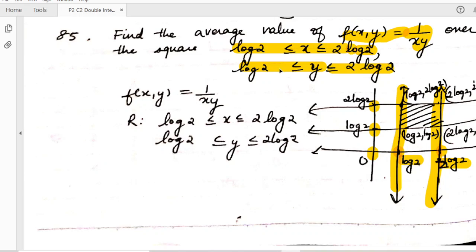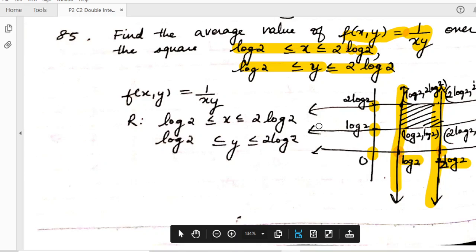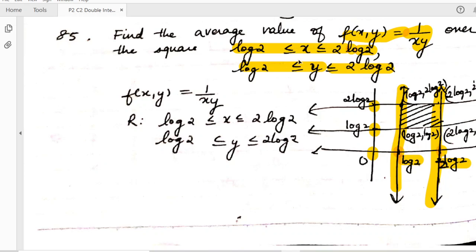Now let us see the region of y. So log 2 less than or equal to y less than or equal to 2 log 2. So here also let us see what is our region of boundary. Our boundary is y equal to log 2 and y is equal to 2 log 2.